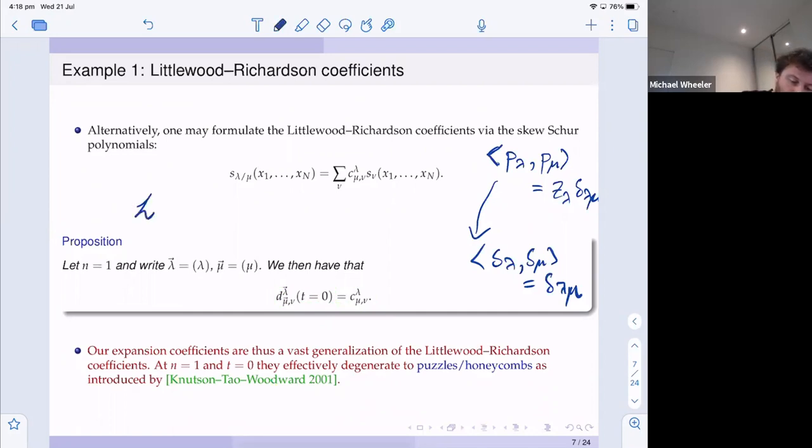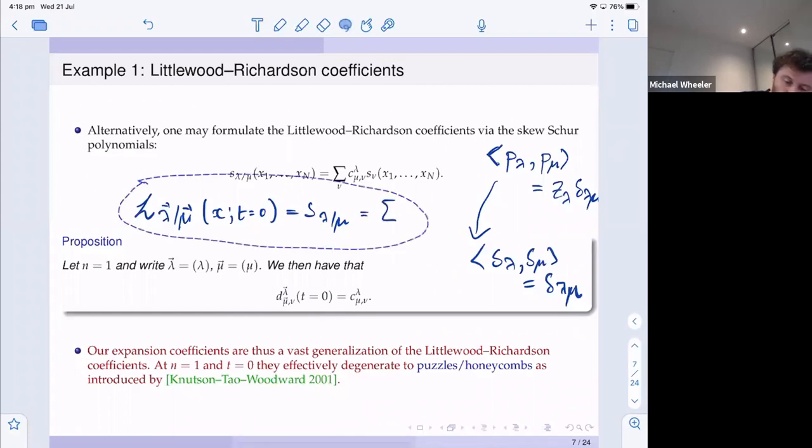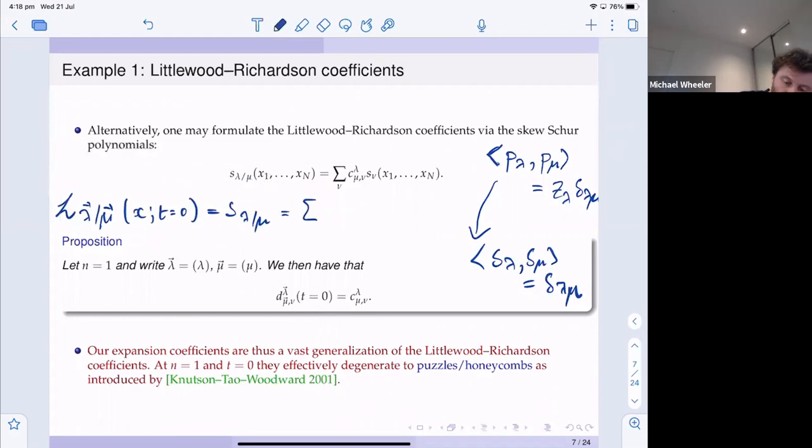So I'm looking at a single LLT, and I'm going to put t equal to 0. So this LLT here is in the case n equal to 1. As we've already seen, in this case it is just a Schur polynomial, S lambda over mu. And furthermore, I'm expanding that thing over the Hall-Littlewood basis.